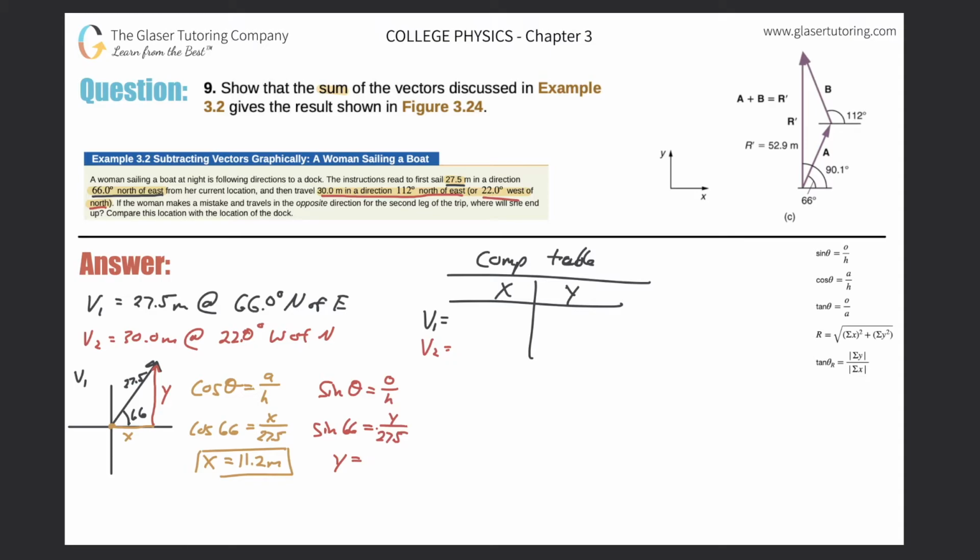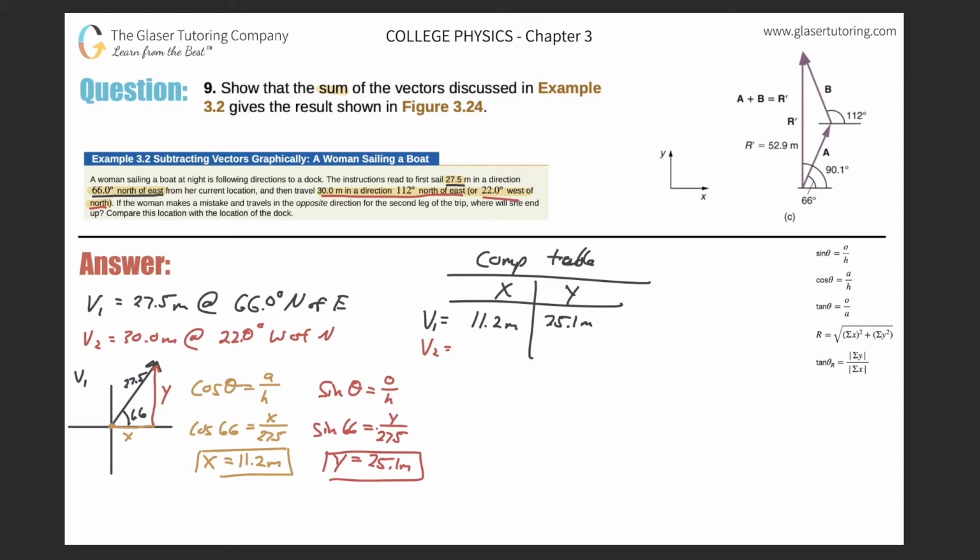Sine of 66 times 27.5 works out to be 25.1 meters. Now these are the components of V1, so let's put them into the table. The x component of V1 was 11.2 meters and the y component was 25.1 meters.